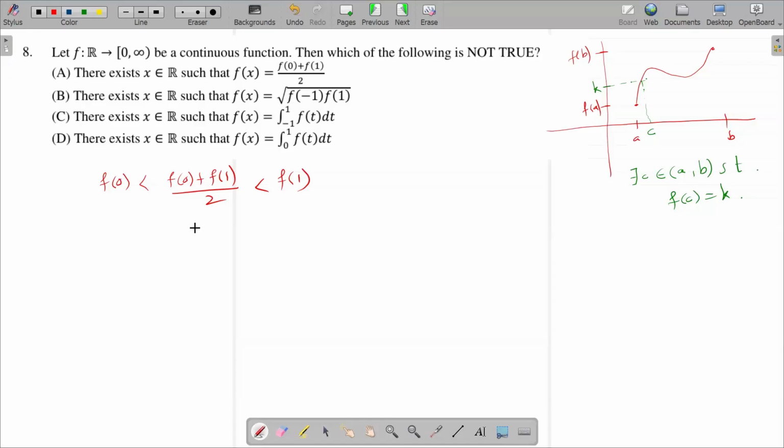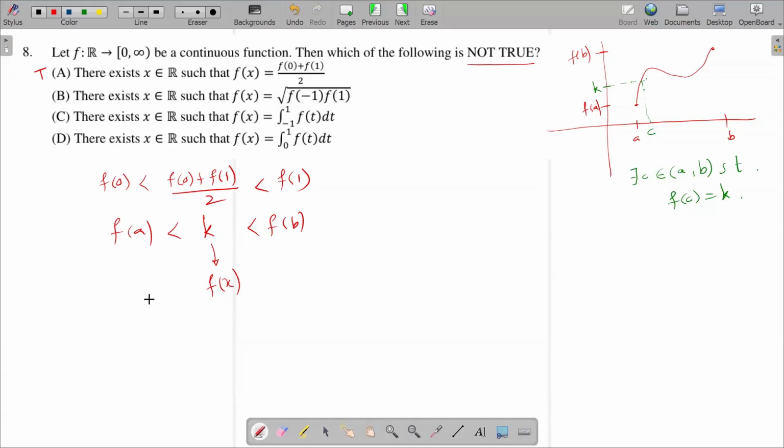This is behaving like our k, and these are like f(A) and f(B). If k is between f(A) and f(B), then this must be an image of somebody, that is, there exists some x such that f(x) is k. So A must be true. I cannot tick it because what is asked is something not true. So this is true.